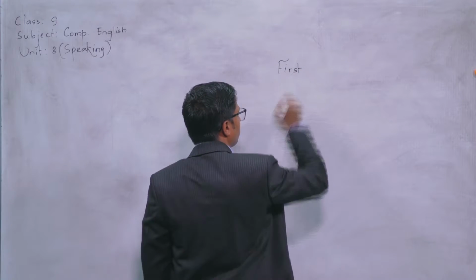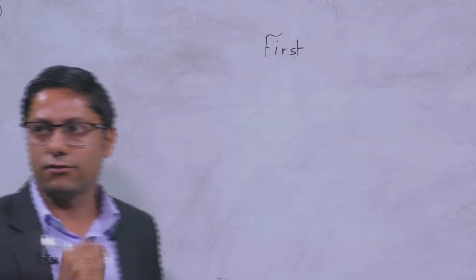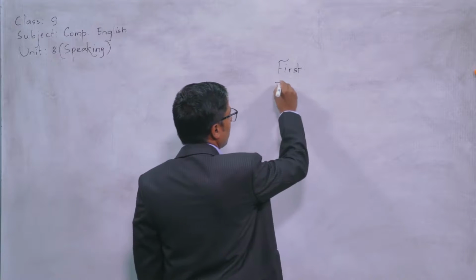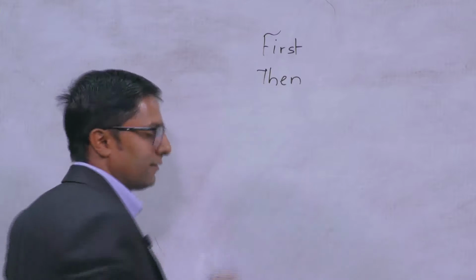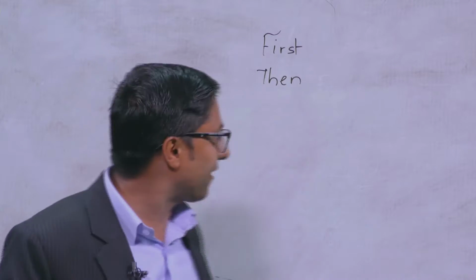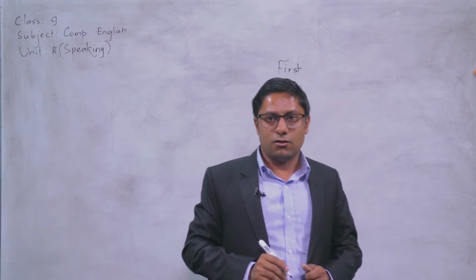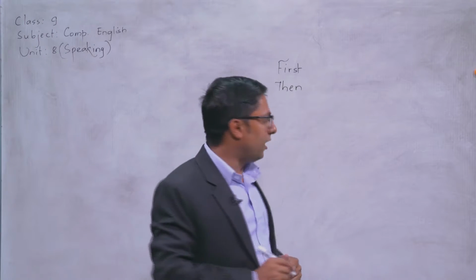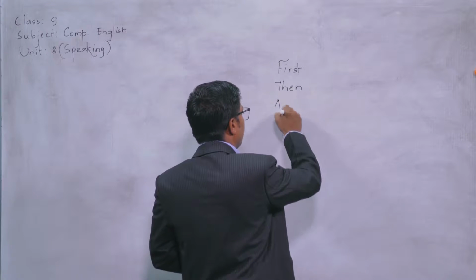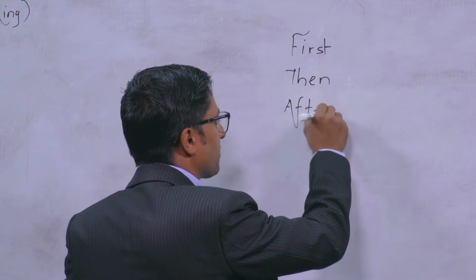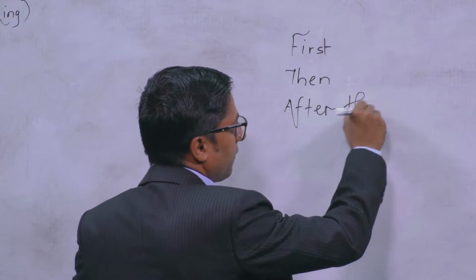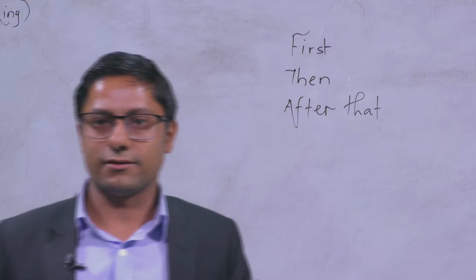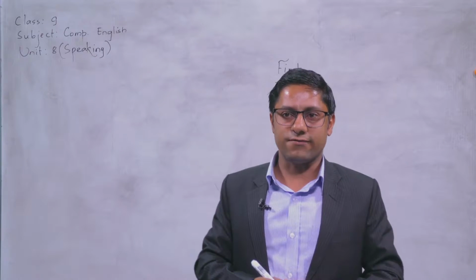Okay, the first one is the word first. Similarly, you can see the word then. Did you mark these words? What is the third one? Okay, the third one is after that. What is the next word that you listed from the text?